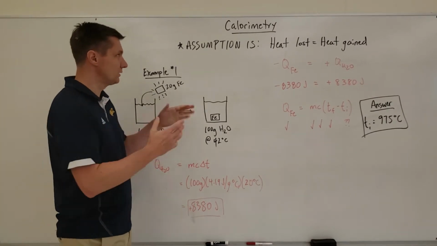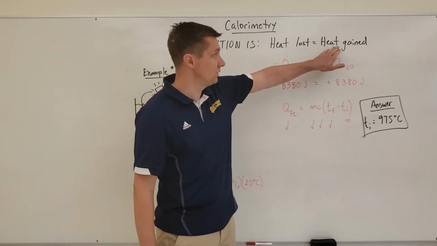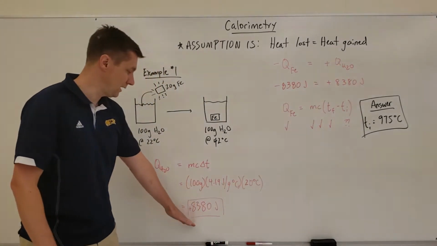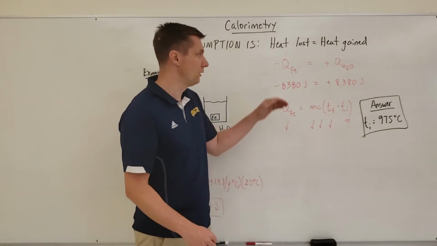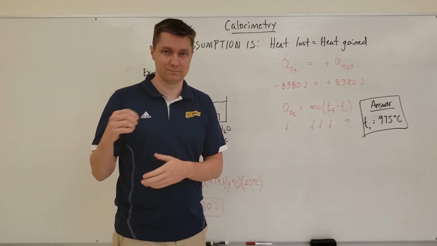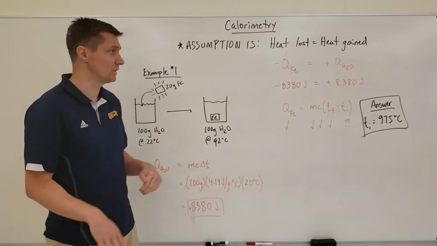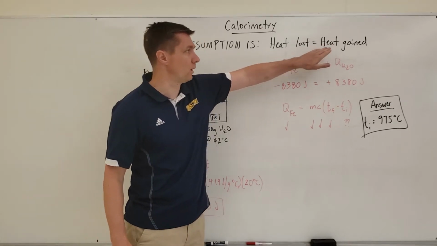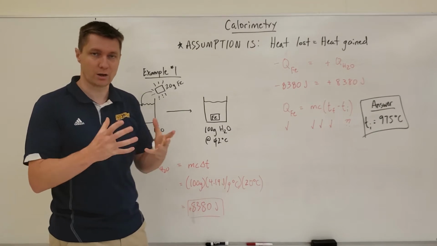Now, based on this concept of heat lost equals heat gained, if 8,380 joules was how much heat was gained by the water, then we also know that that is how much heat was lost by the iron. This is our base assumption, that the heat gained by the water is going to equal the amount of heat that was lost by the iron block.